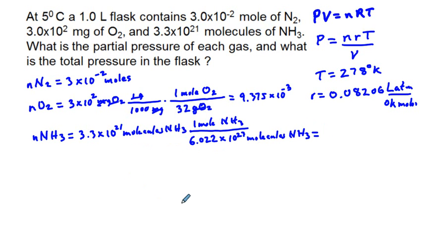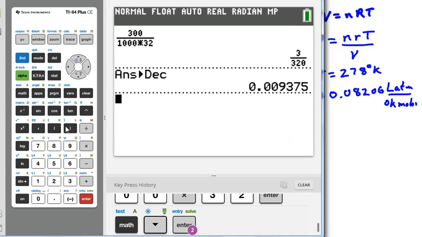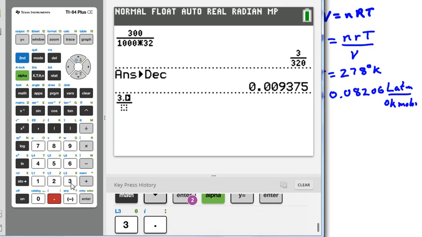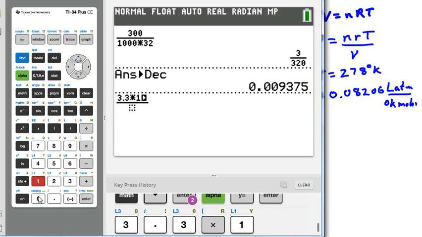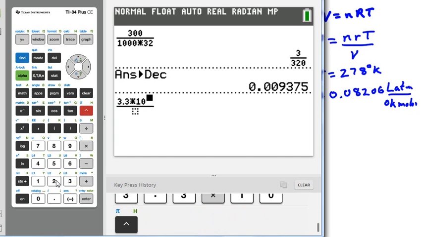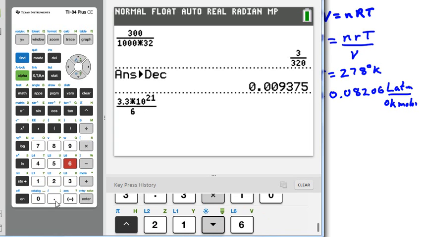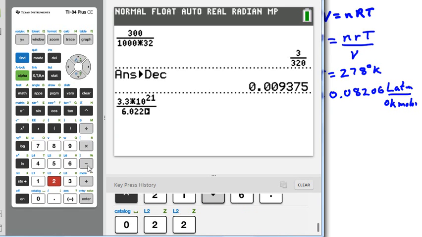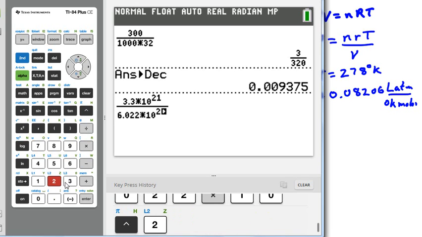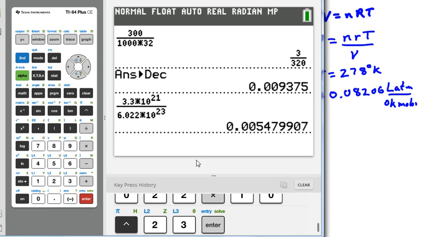So we can just go ahead and put this in our calculator and get this amount. We start out with 3.3 times 10 to the 21st power, and we're simply going to divide that by Avogadro's number, 6.022 times 10 to the power of 23, and for that we get this right here.